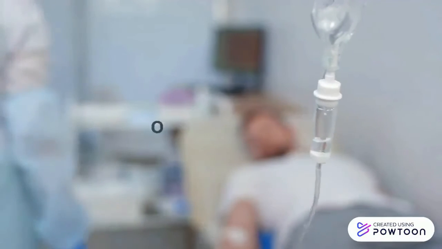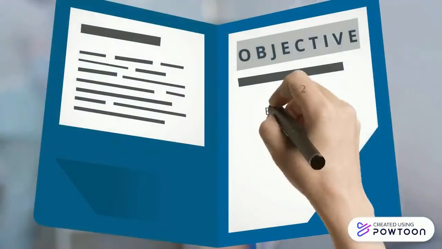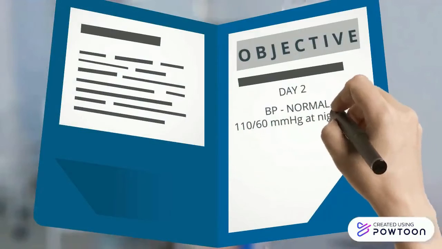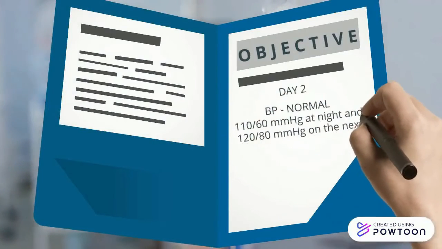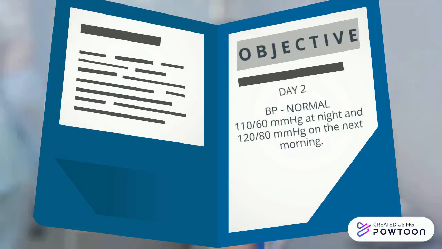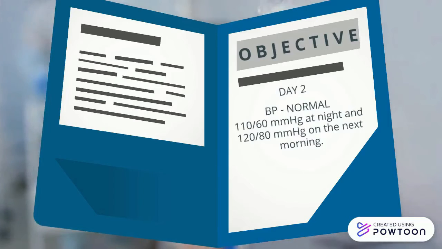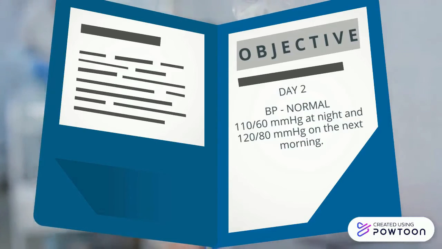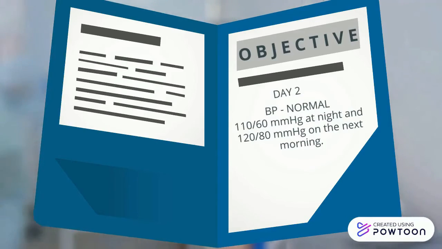He had no drug or food allergies and no social history. Moving on to the objective, upon observations made, the vital signs such as the blood pressure of the patient is observed to be normal, in which his BP was 110 over 60 mmHg at night and 120 over 80 mmHg on the next morning.